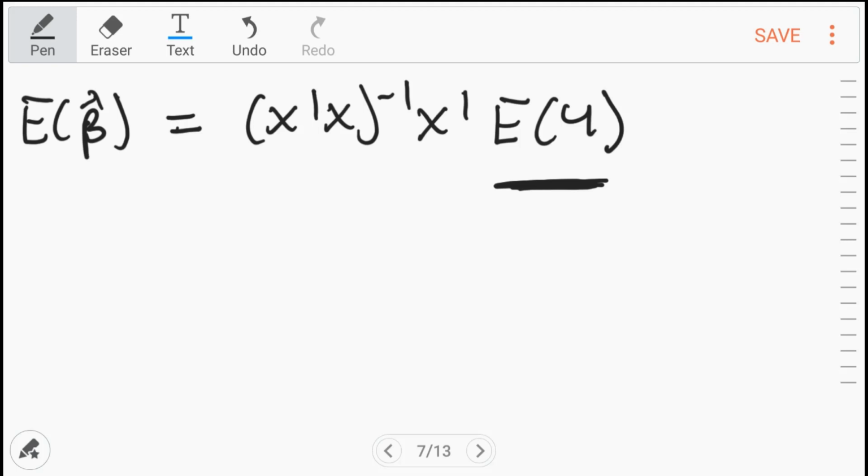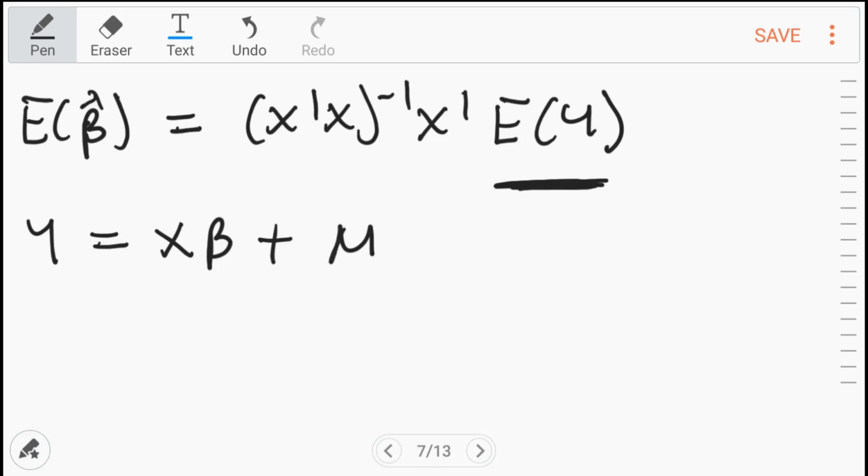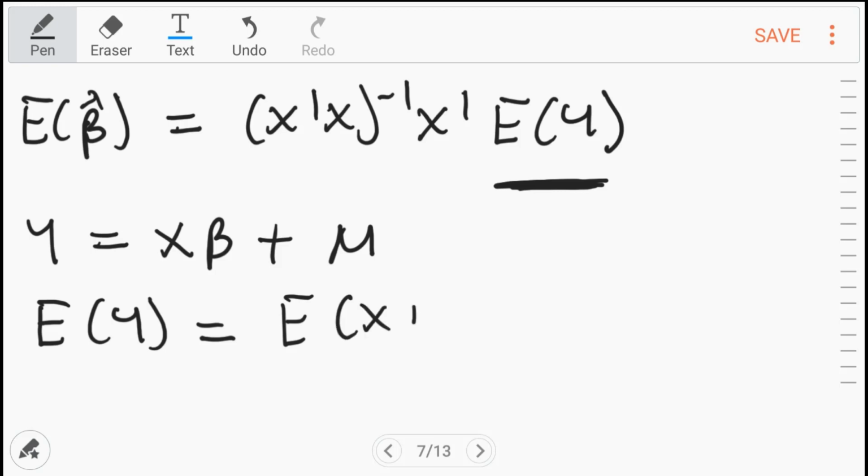In equation 1, we said that y is equal to x beta plus the error term. So if you want to find the expected value of y, you have the expected value of y equal to the expected value of x beta plus the error term.